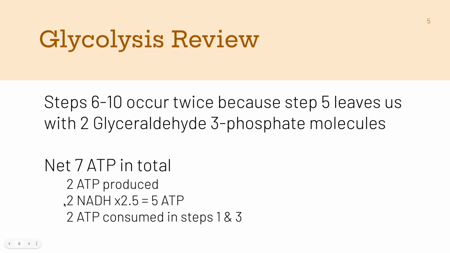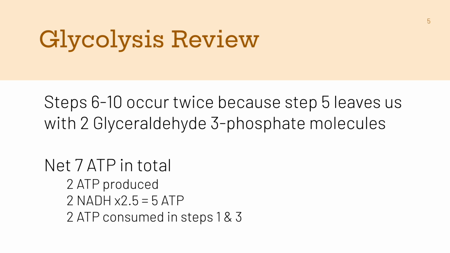So, just in review and summarizing those steps, steps 6 through 10 are going to occur twice because step 5 does leave us, like I mentioned, with the 2 glyceraldehyde 3-phosphate molecules. So, in total, we are going to net 7 ATP. Reason why is we produced 2 ATP.